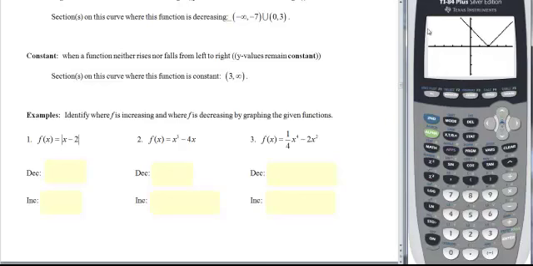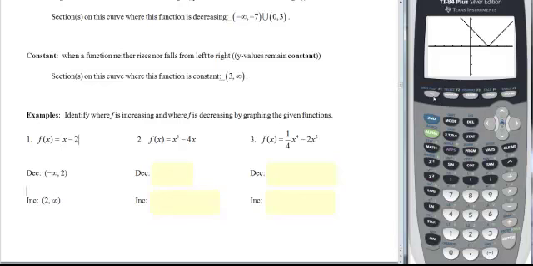So here we go from left to right. Imagine a line coming through. I hit an arrow at -infinity and it decreases all the way to 2. So it decreases from -infinity to 2, and then from 2 to infinity it increases.